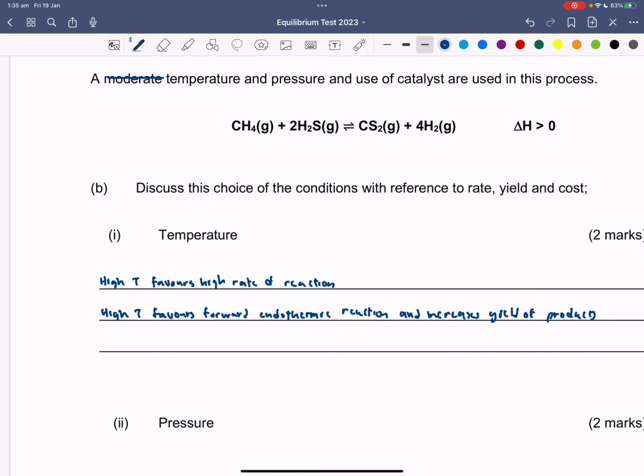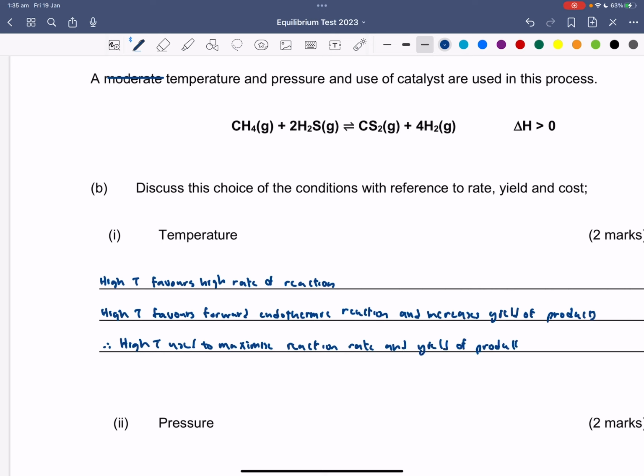So we can write, therefore, high temperatures used to maximize reaction rate and yield of products.